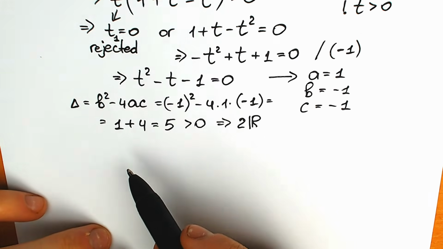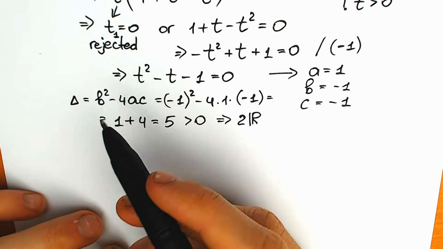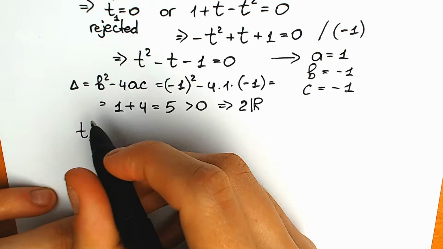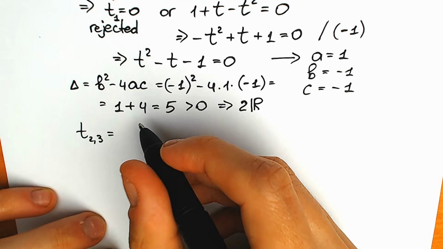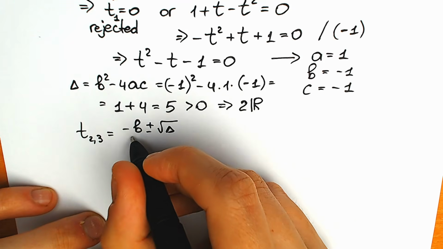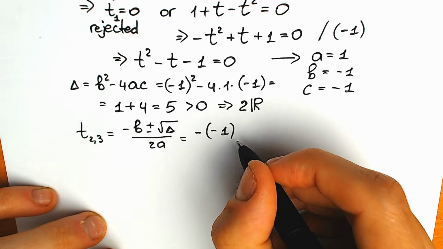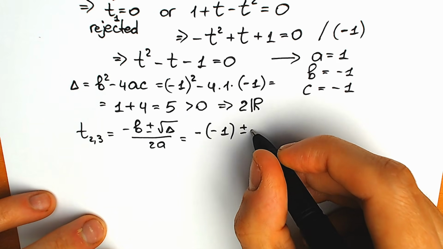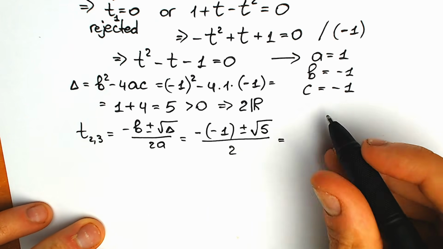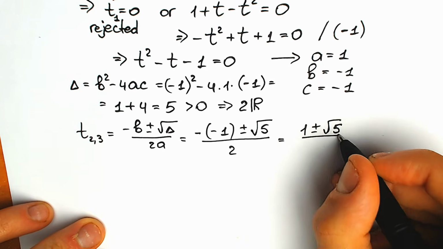So at this place I'm going to write t second and t third. t second and t third equal to, so minus b, the well-known formula, plus minus square root of discriminant, all over 2a, equal to minus b, minus -1, plus minus square root of 5 over 2. And as a result our roots are 1 plus minus square root of 5 over 2.